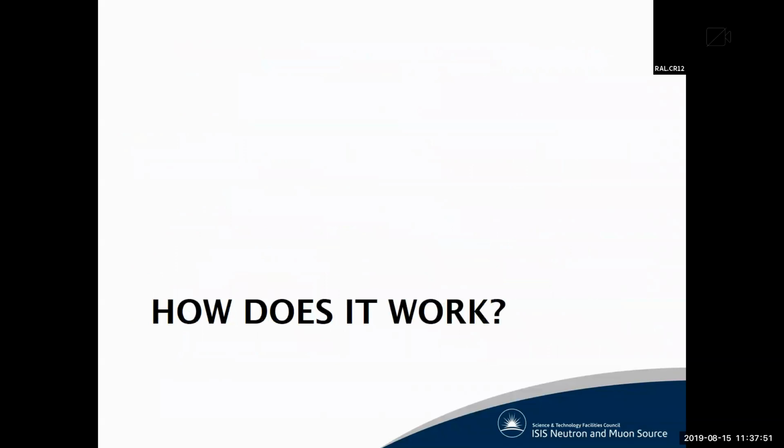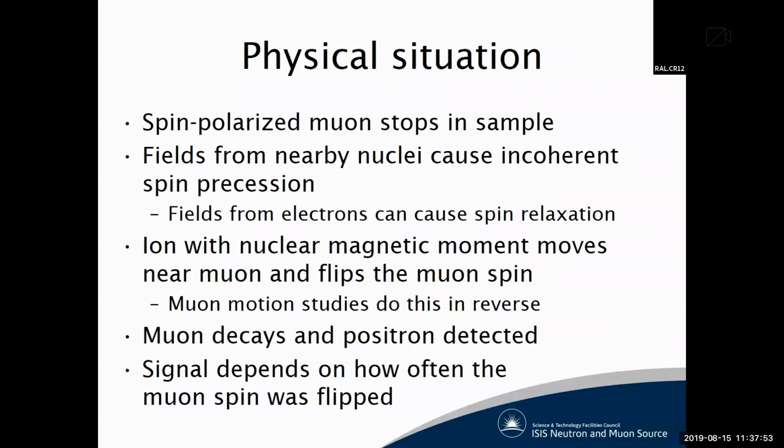So how does it work? The basic physical situation is the spin-polarized muon is going to come along and stop in the sample. And hopefully there are some nearby nuclei with magnetic moments that will give magnetic fields, and then there'll be this incoherent spin precession. You can also get fields from electrons that will cause spin relaxation, and that complicates the signal, but often in a way that can be understood.